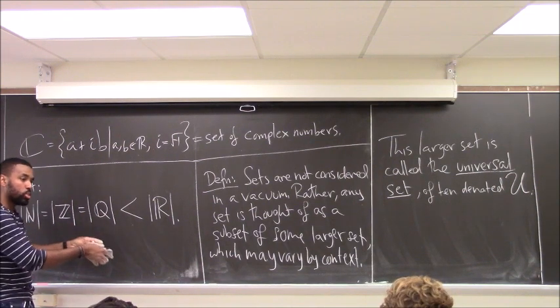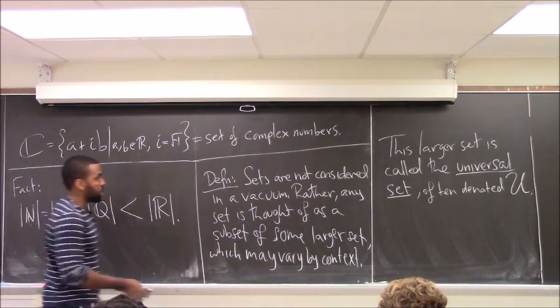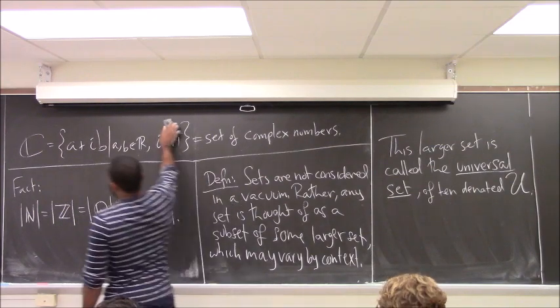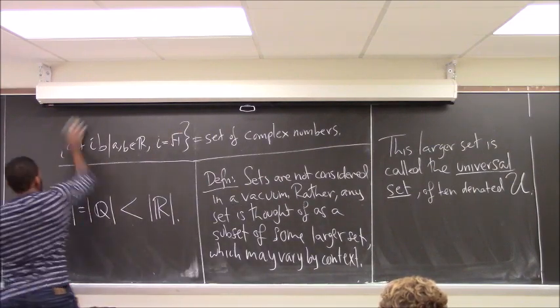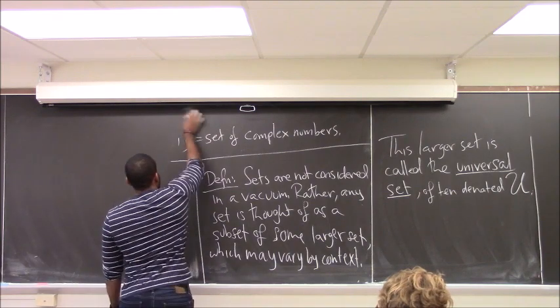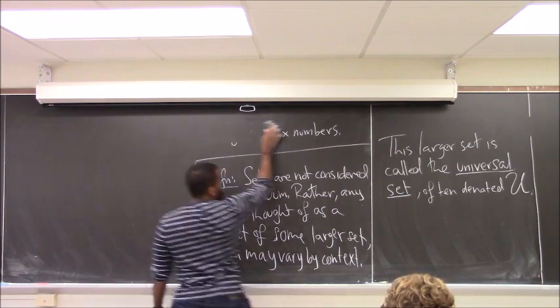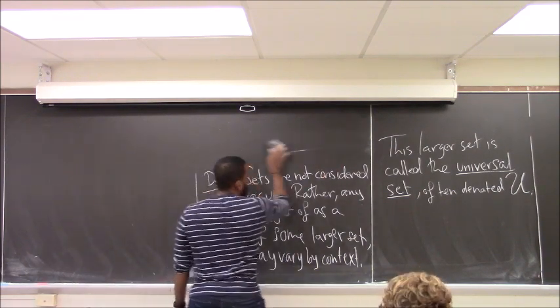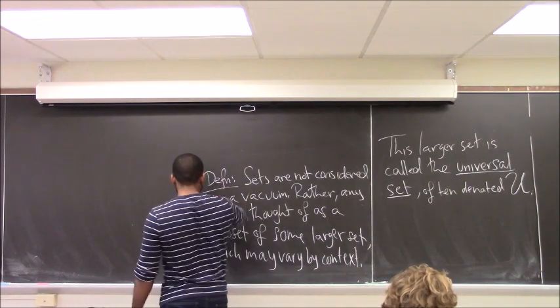It lives in some universe. Now the universe will vary on context, but just know there's always a bigger set in the background, no matter what set you're looking at. And this is called the universal set.